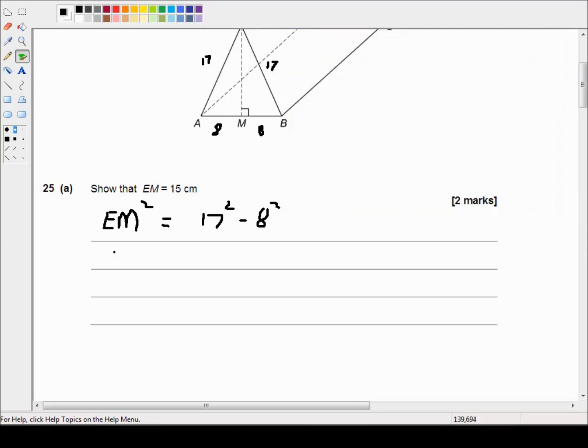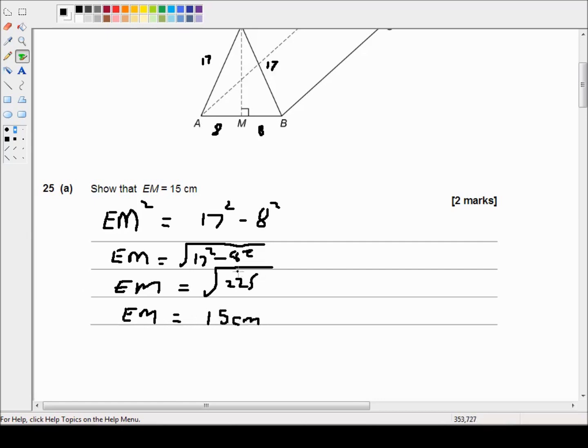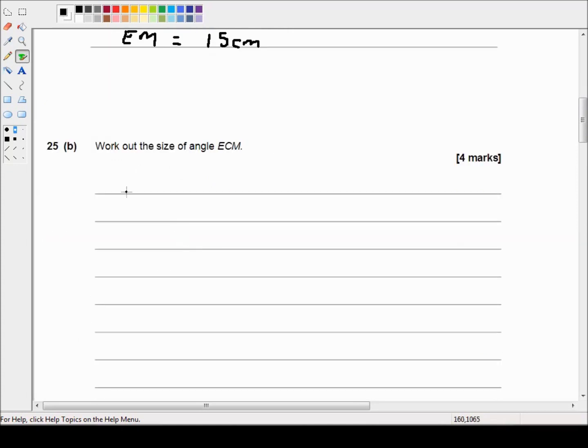So EM is equal to the square root of 17 squared minus 8 squared, so EM is equal to the square root of 225, so EM is equal to 15 centimetres. Job done.